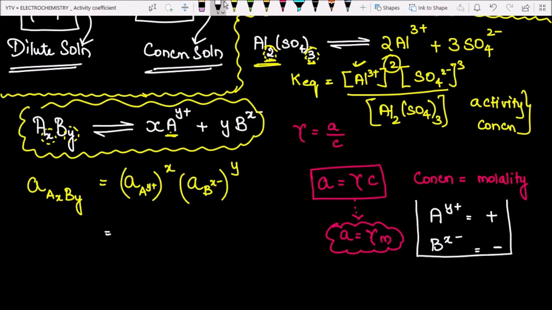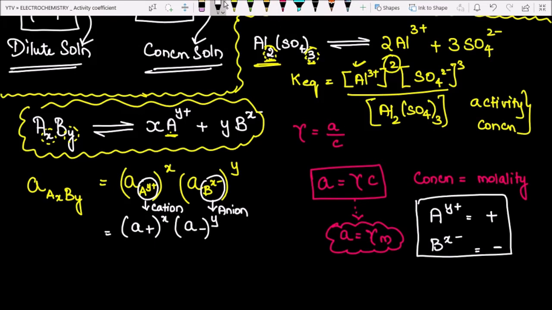So then I can put it as the activity of the cation. This is the cation, and this part is called the anion, because if we have to write it in every step, it's going to be too lengthy. So let me write it as activity of cation to the power x into activity of anion to the power y.